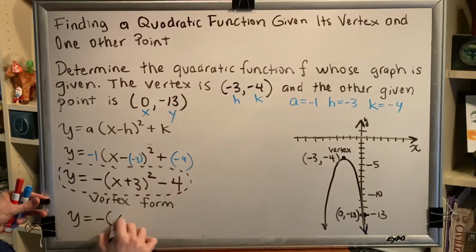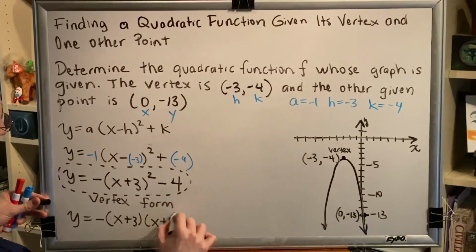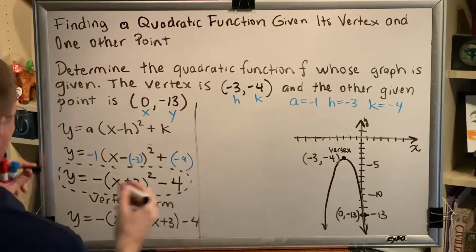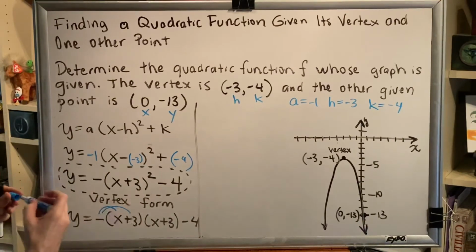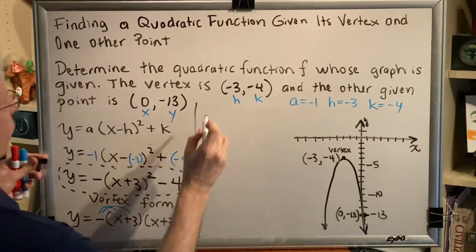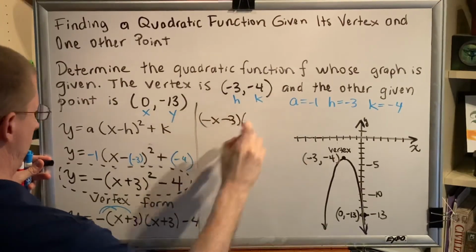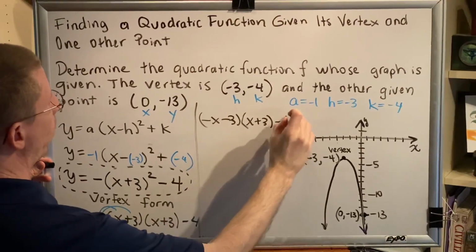The exponent of 2 tells me how many times to multiply that x plus 3 times itself. So I have that. I'm going to distribute the minus to this binomial first.